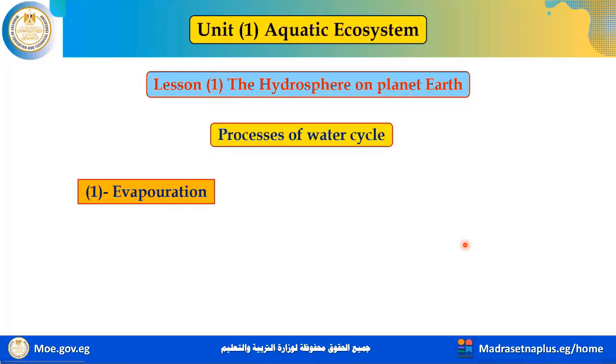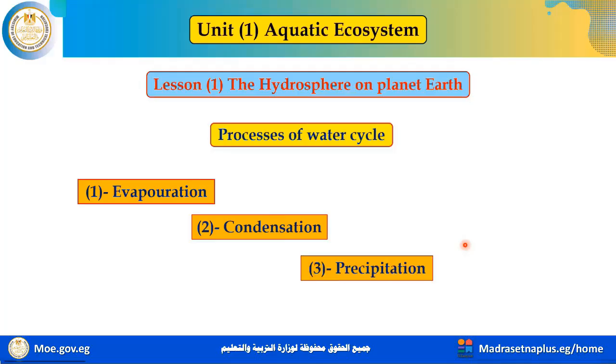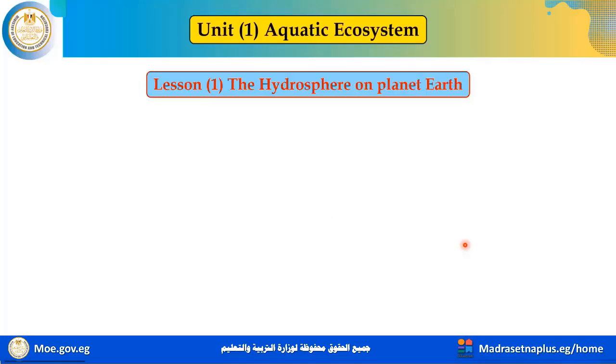Now, let's talk in more detail about the processes of the water cycle. First, as I mentioned, evaporation and condensation, precipitation, and finally infiltration. I will talk about each one of them in more detail. Follow me.